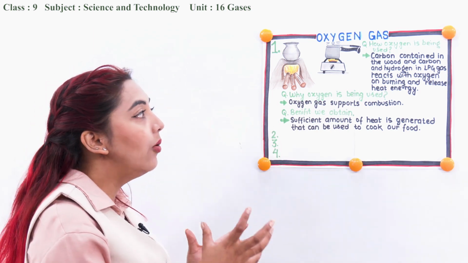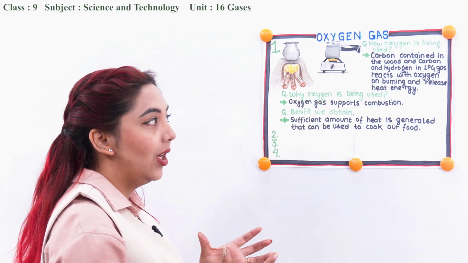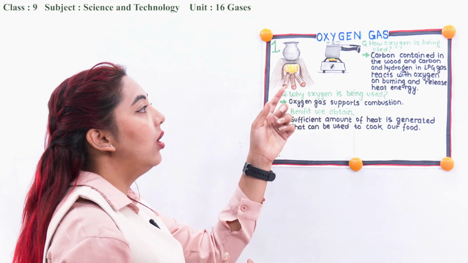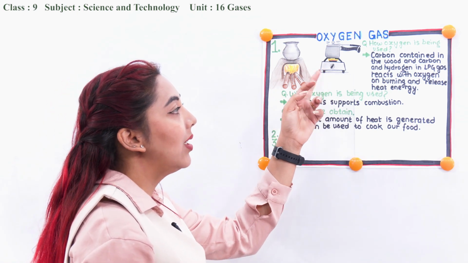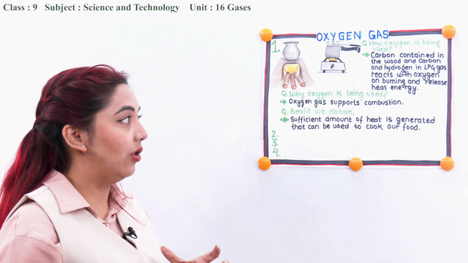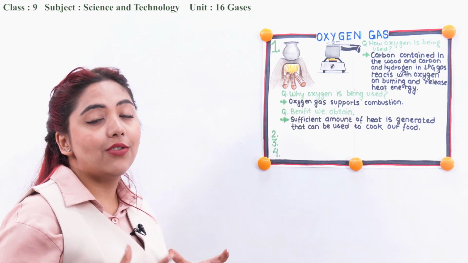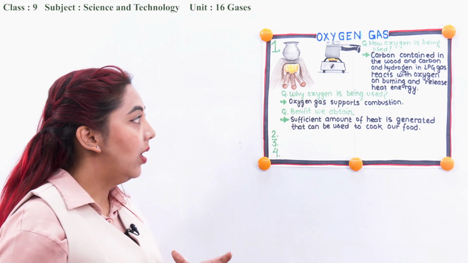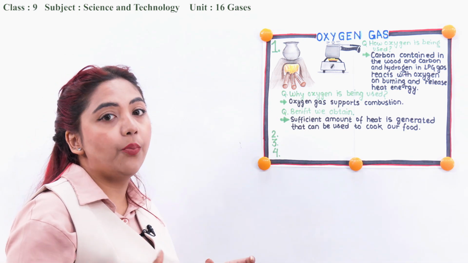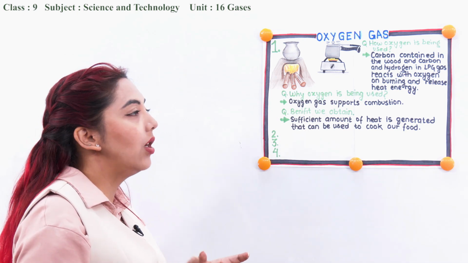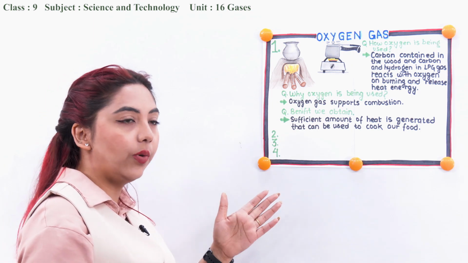So how is this oxygen gas being used? The carbon that is contained in the wood, and the carbon and hydrogen that are contained in the LPG gas, react with oxygen, and on burning they release heat energy. Why is oxygen being used? Oxygen gas supports combustion. That's why we are using oxygen gas for this purpose.